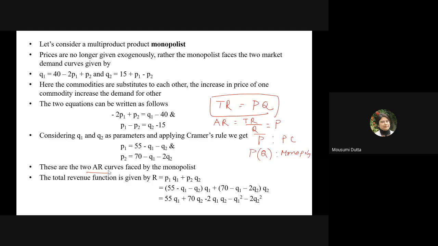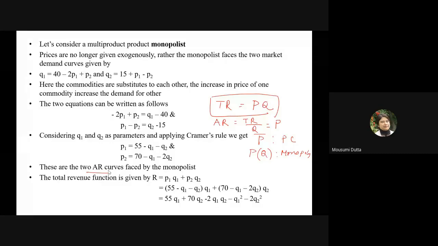So I hope everybody is here. R is equal to 55 Q1 plus 70 Q2 minus 2 Q1 Q2 minus Q1 square minus 2 Q2 square. Everybody is here? Okay.